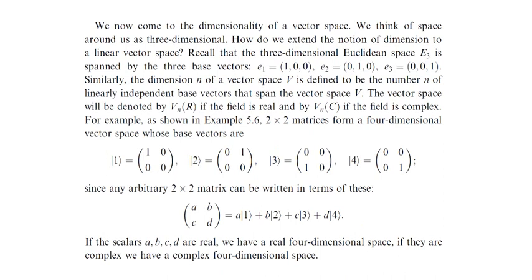Now let's see what the dimensionality of a vector space is. The space which we are living in, we perceive it as three-dimensional, isn't it? Now, how do we get the notion of dimension of a linear vector space? If you consider the three-dimensional Euclidean space, there are 3 base vectors which are linearly independent, and you can express all vectors available in space in terms of these three linearly independent vectors.